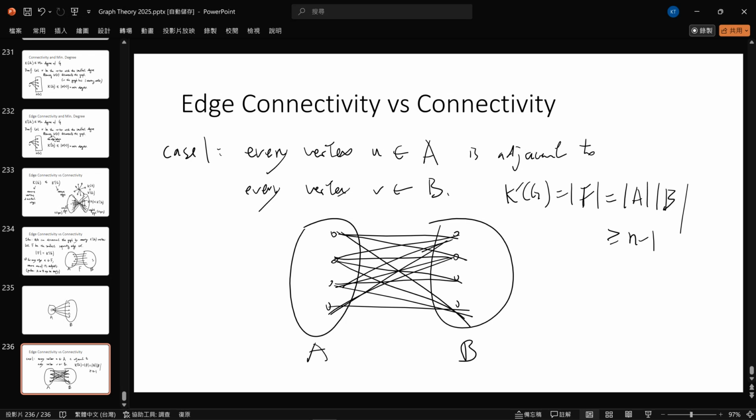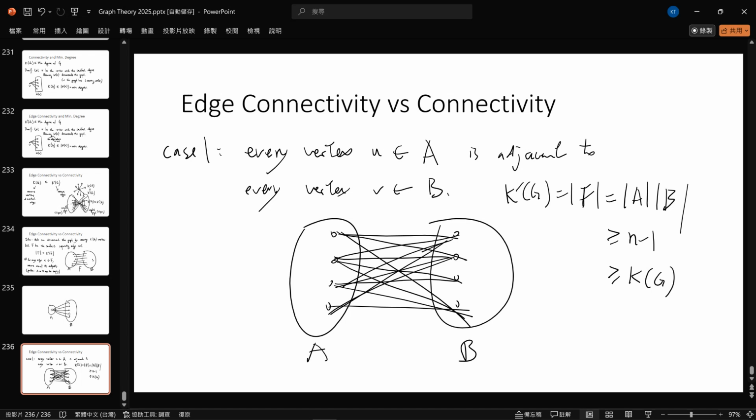And so if kappa prime G is at least n minus 1, then this is certainly greater than or equal to kappa G, because you only need to remove n minus 1 vertices to make the graph only contain one vertex. So this case is trivial.